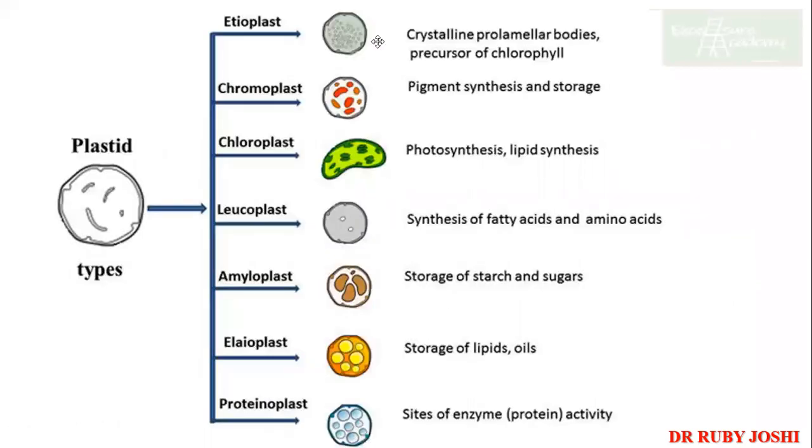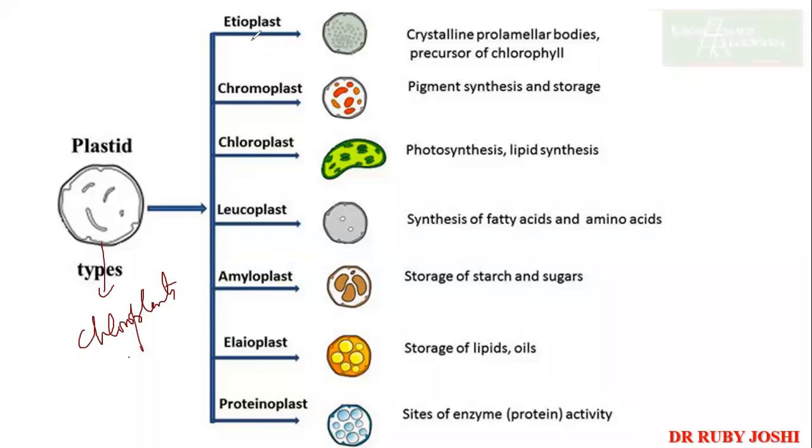Now these are the different ways the plastids have got their fate. It is from the plastids only that the chloroplast gets developed. Depending on the requirement of the plant, depending on the outside signal, the plastid will develop into either the chloroplast or the different types of plastids present over here.